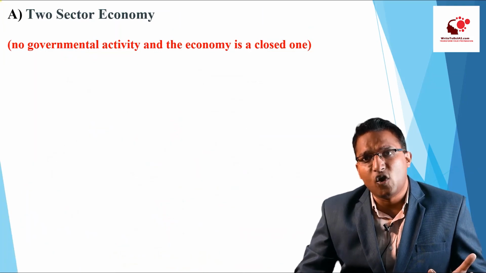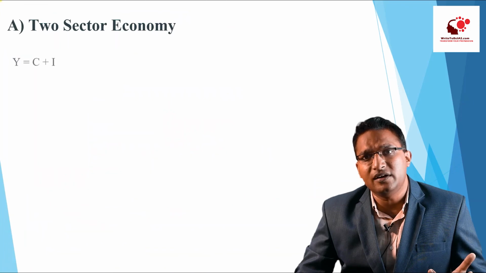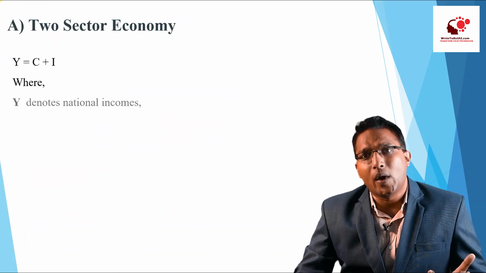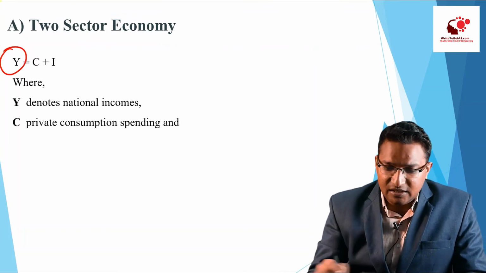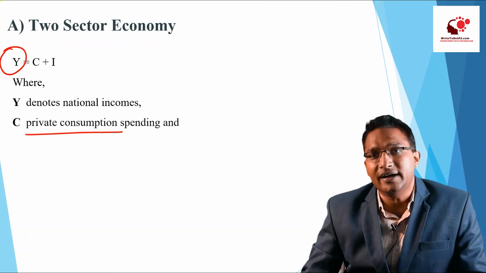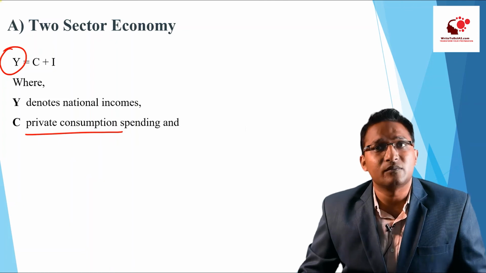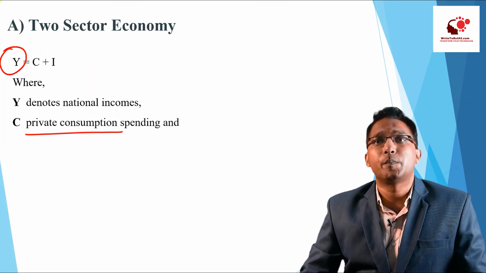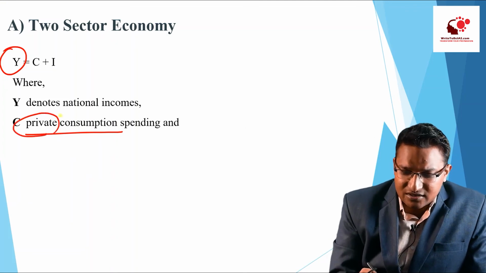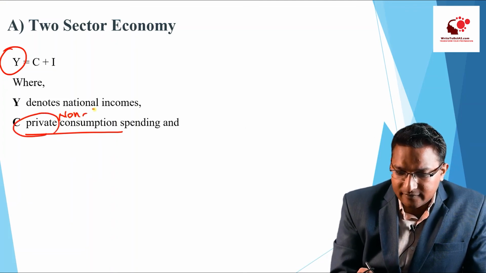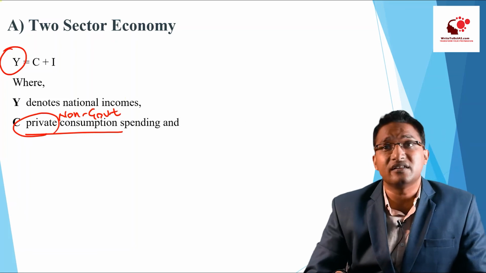So the formula in case of two sector economy will be Y equal to C plus I, where Y means the national income, C means the private consumption, right? Private consumption means the consumption expenditure done by the private household. And when I say private, the word private means the non-governmental. That means we are not considering the government.